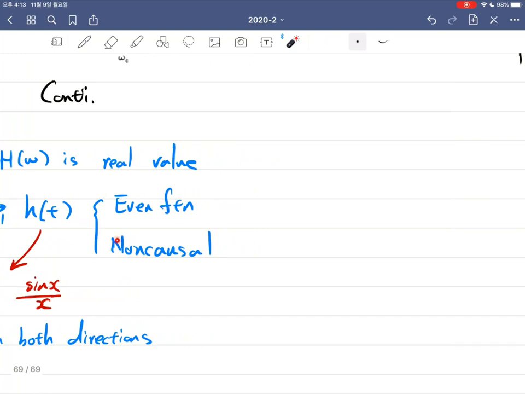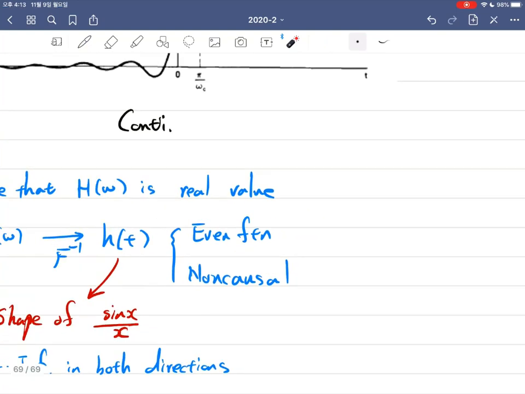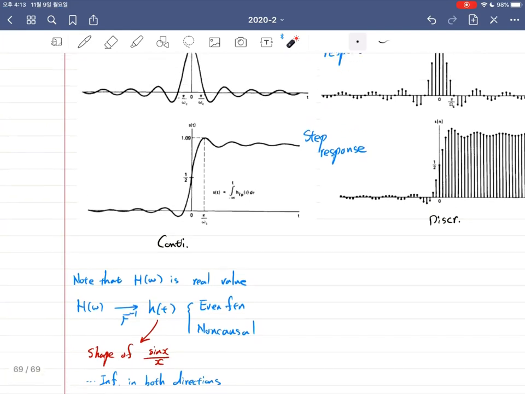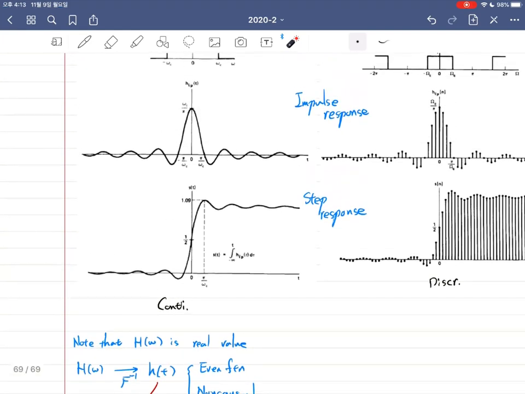How do I know that this h(t) is non-causal? How do you know this impulse response is not causal? We can verify the causality of a system by seeing the impulse response, which we did in chapter 4.